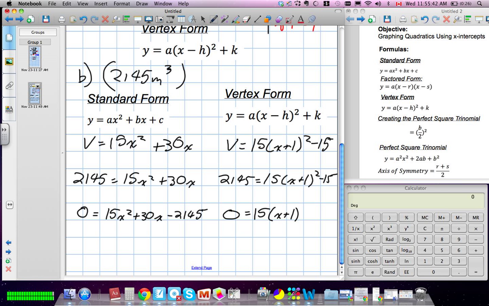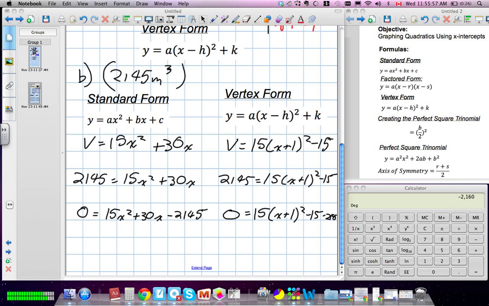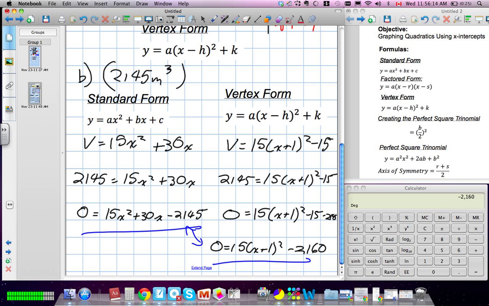I move it over, I get 15(x plus 1) squared minus 15 minus 2,145, and negative 15 minus 2,145 is negative 2,160. 0 is equal to 15(x plus 1) squared minus 2,160. So either of those forms, because they asked us for an equation, would be acceptable. This one's in standard form. This one's in vertex form.